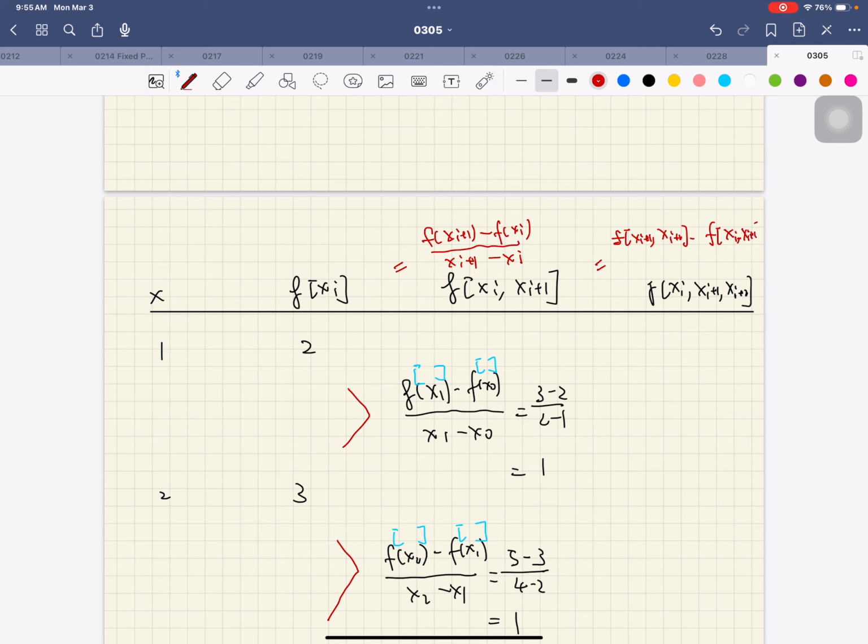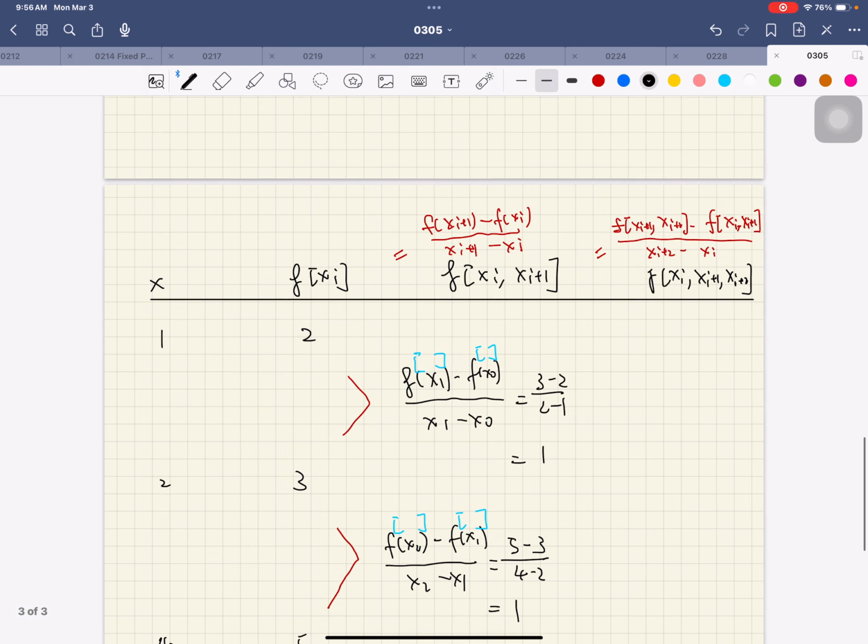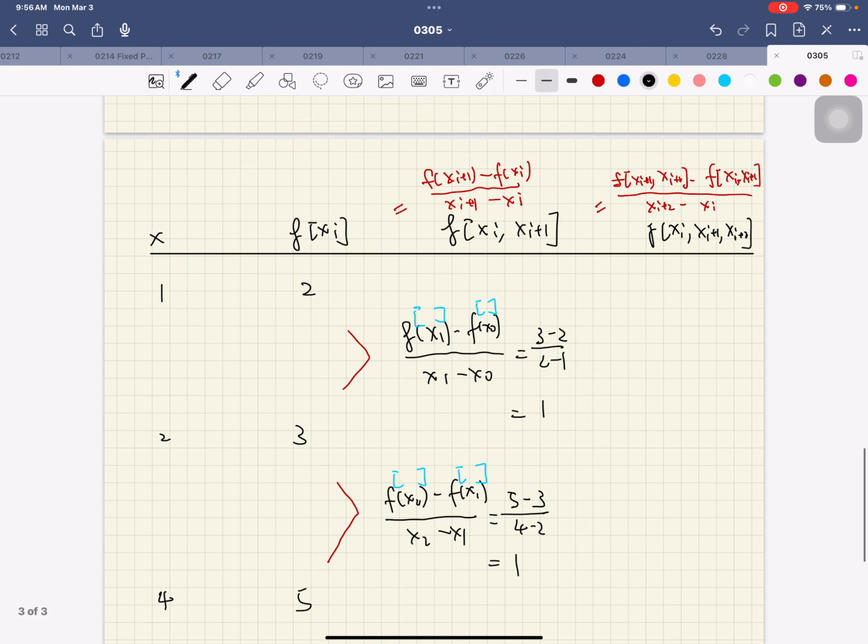Also remember we can do the subscript here, so this will be xi+2. I will write this down later, because I don't want to do this index subscript, it's very complicated.